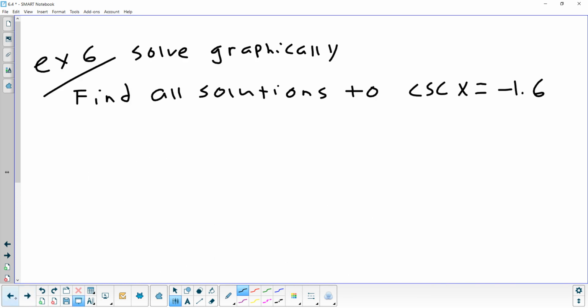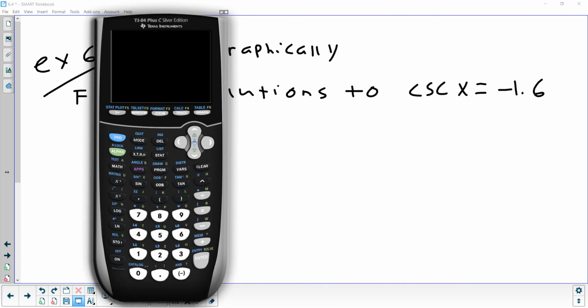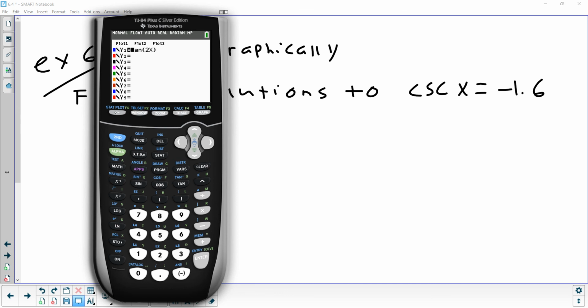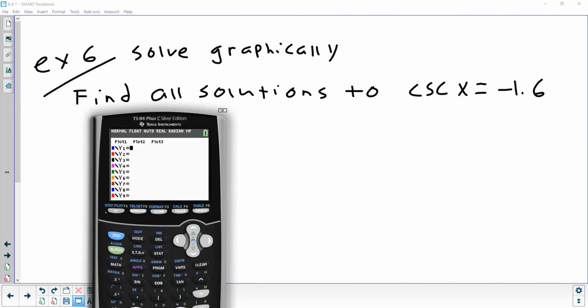All right. Finish up with this one. Find all solutions to cosecant equals negative 1.6. All right, so first thing, how do I type in cosecant on the calculator? Yeah, 1 over sine.